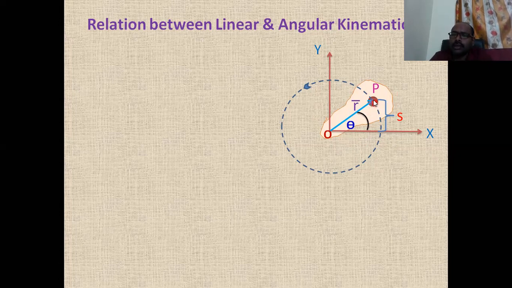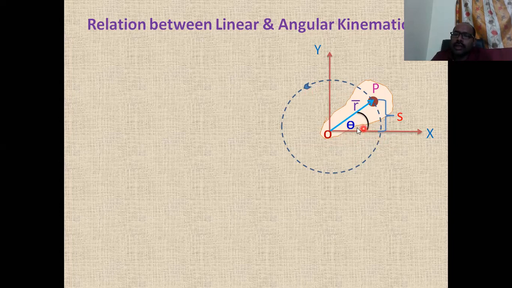So the trace of the particle P is in this path, shown with dashed lines. It is rotating in the counterclockwise direction, shown with the arrow here.